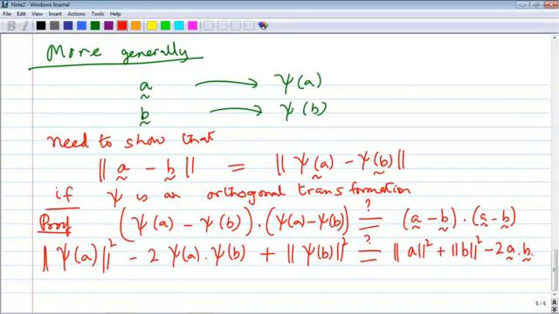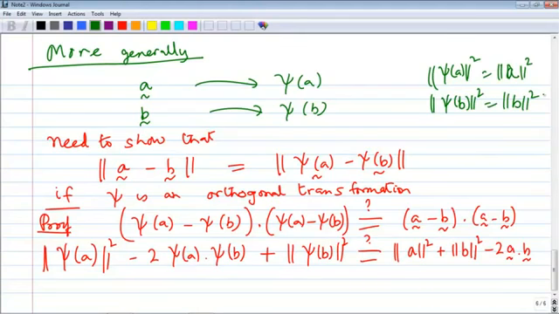Okay, now let's make some observations which we'll do on the side. So we had earlier showed that, and we had showed that, okay, we showed this on the previous page.